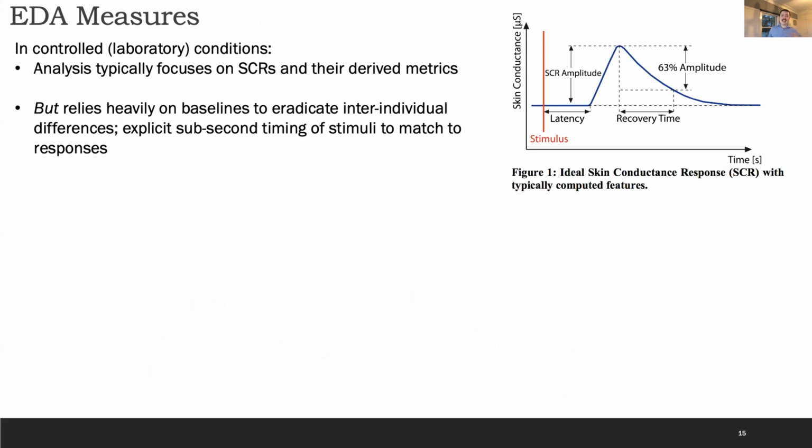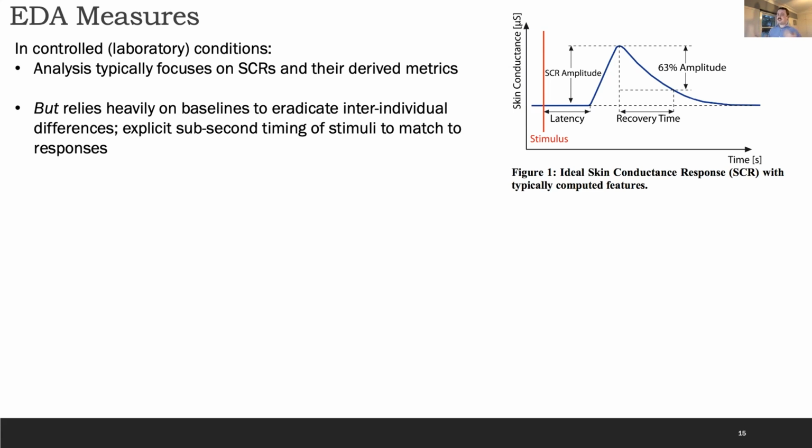In laboratory conditions, so experiments that are usually run in laboratories, you'll see people looking at individual skin conductance responses like you see here on the right. And the analysis of these responses will typically rely on extracting particular metrics, the most common probably being the amplitude or the size of that response. But that really relies heavily on, first of all, being able to measure a flat baseline where people are exposed to absolutely nothing. So just a baseline level.